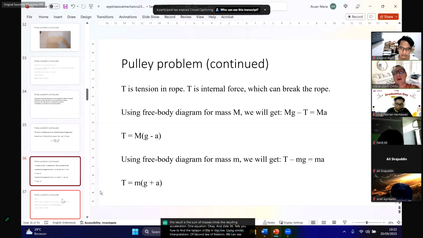We consider the big mass: the force on the big mass is its gravity force, capital M g, minus tension T, and is equal to the mass times acceleration, capital M a. And we find the tension. Same thing for the smaller mass. These T's, T equal to capital M (g minus a) and T equal to lowercase m (g plus a), are the same. You can easily check that they are the same, okay?